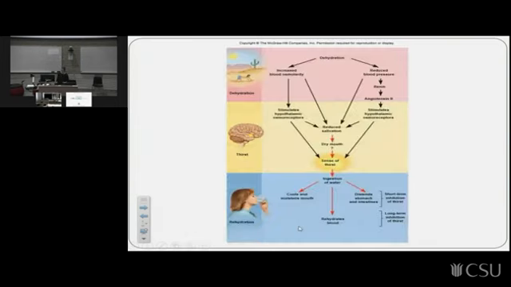This here is a picture indicating what happens when we're dehydrated. When you're dehydrated, you'll have an increase in blood osmolarity and also a reduction in blood pressure. This goes hand in hand, in that blood osmolarity goes up when we've got a reduction in volume and an increase in solutes, and because of that reduction in volume, blood pressure is reduced.